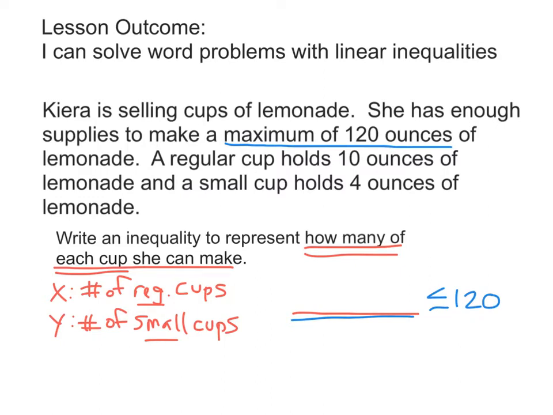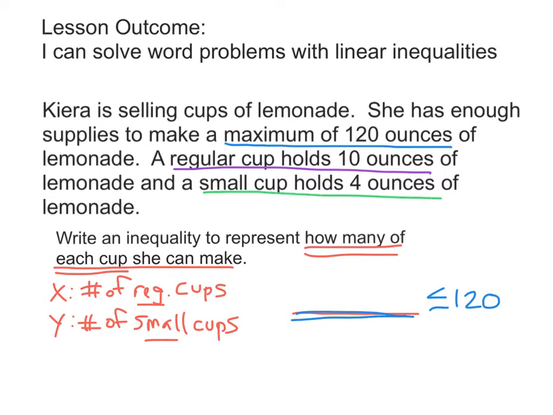So what goes on this line right here? Well, what goes there is the addition of the number of ounces that she sells that are in regular cups, plus the number of ounces that she sells that are in small cups, like the total number. Now again, we know that a regular cup holds 10 ounces, and we know that a small cup holds 4 ounces.